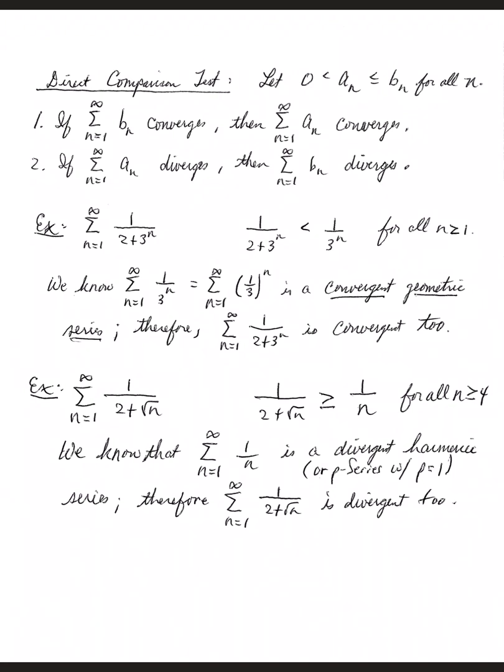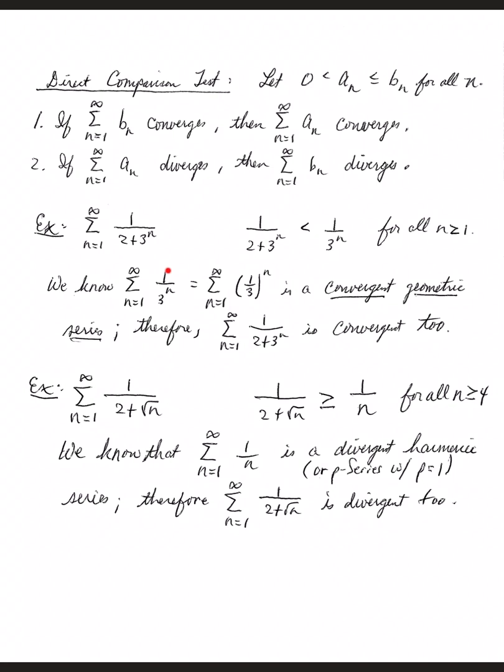One is they're both positive, but also I knew that this one would be a geometric series with a ratio of 1/3. That makes it a larger term that also converges. If I can get a larger term to converge, then the smaller term in a series will also converge.